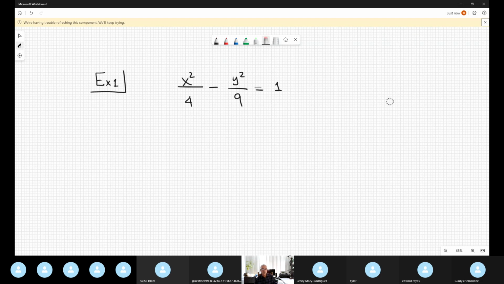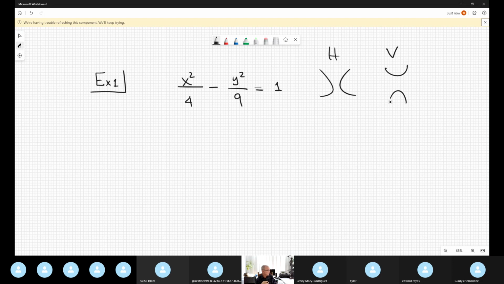Okay, now identification. What kind of hyperbola do we have? We have that one or that one. This is horizontal, this is vertical. How do you recognize it? Using your eyes, no algebra.